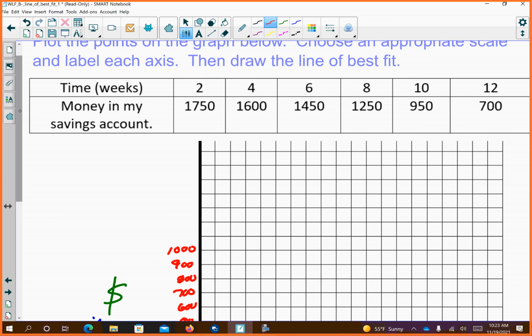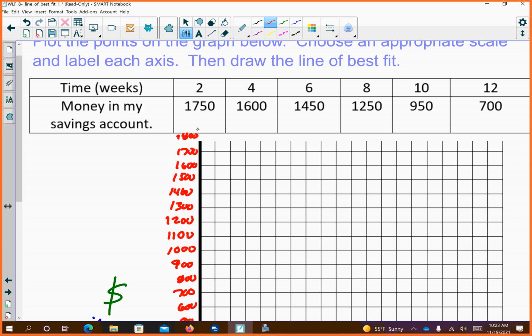My hand is getting in the way of stuff. 1100, 12, 13, 14, 15, 16, 17, and then very, very, very tippy top, 1800.